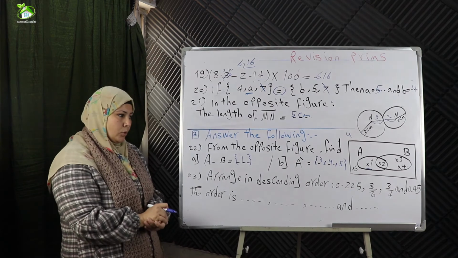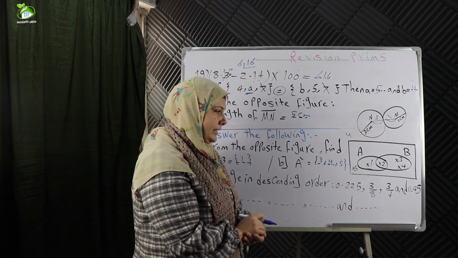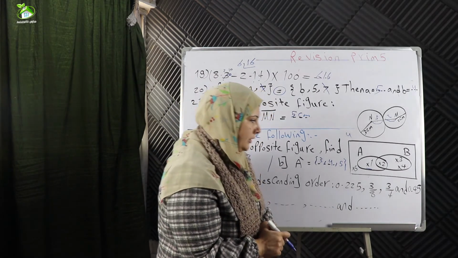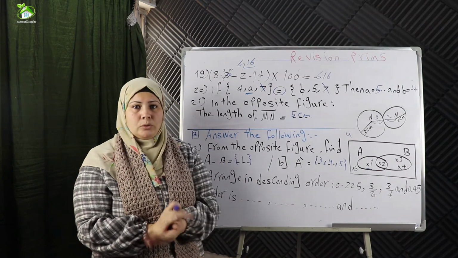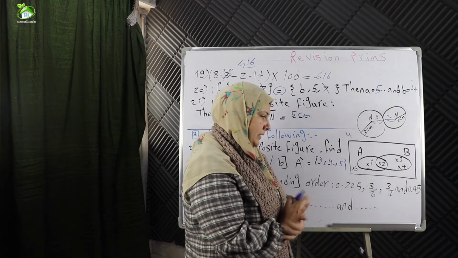Arrange in descending order: 0.225 and 3/8 and 3/4 and 45 hundredths. To facilitate the solution, we will convert fractions to decimals.